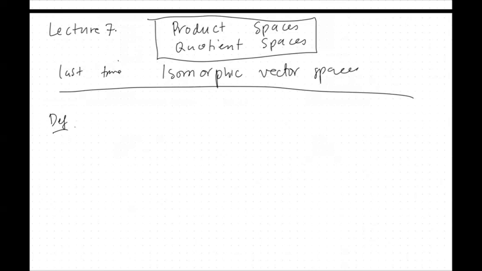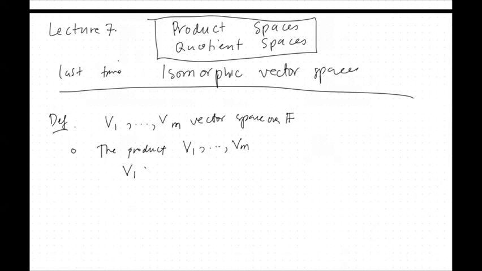product of vector spaces. So suppose that we have a collection of vector spaces over our field F, and the product here is denoted V1 cross up to Vm.